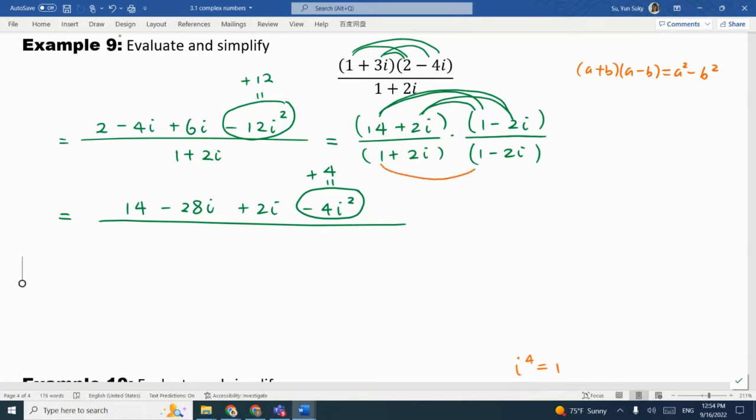So 1 times 1 is 1, right? 1 times negative 2i, negative 2i. And 2i times 1. And then 2i times negative 2i, negative 4i squared. Do you see this middle term always cancels? And then this is positive 4. So far, so good, everybody?